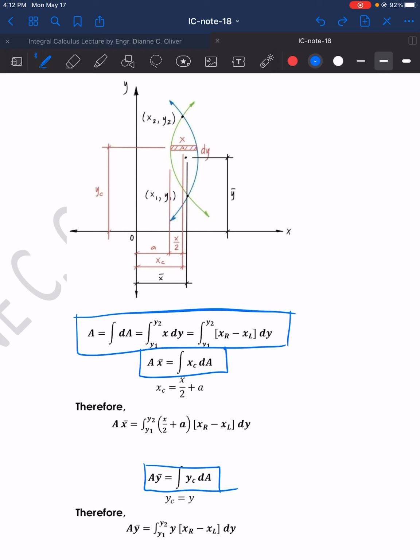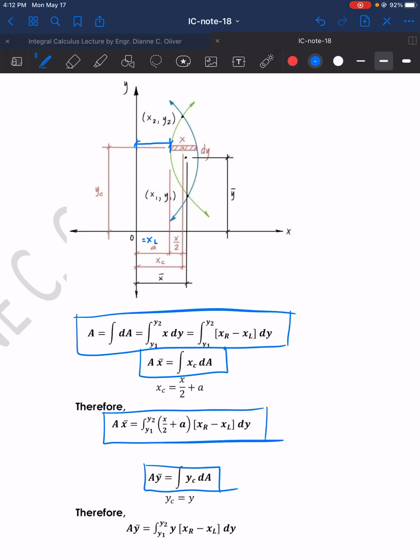Take note that the distance a here is actually equal to the x left. So we have here A x bar is equal to the integral of x over 2 plus a times x right minus x left dy, y1 to y2.